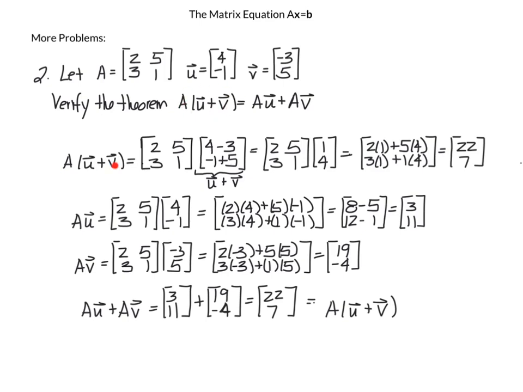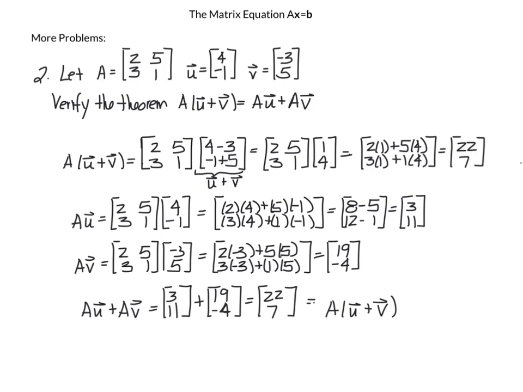That's A times u plus v. So I have A here, 2, 5, 3, 1. And then u plus v is 4 minus 3 and minus 1 plus 5. So 4 minus 3 is 1, minus 1 plus 5 is 4. And now I can do my vector equation.